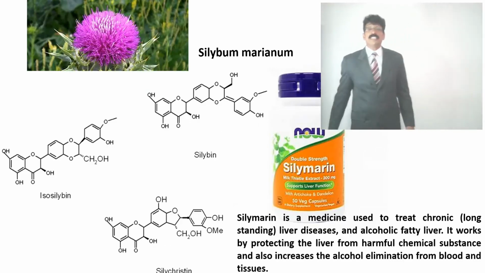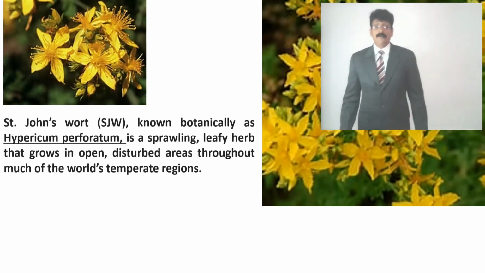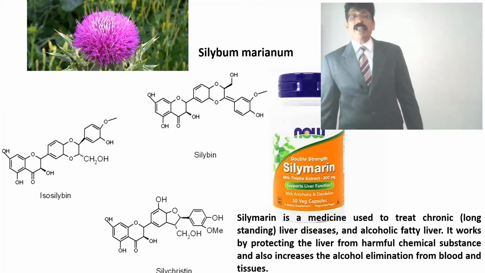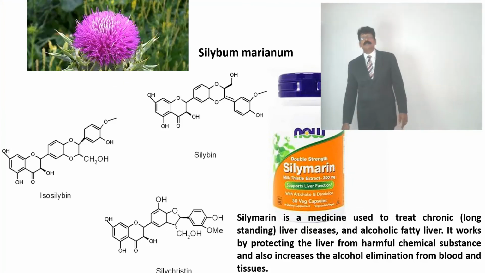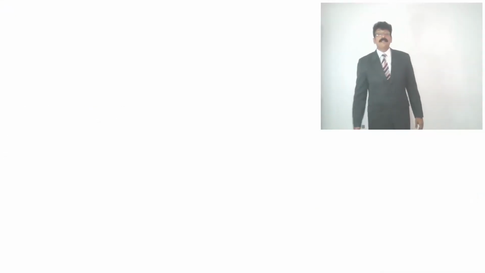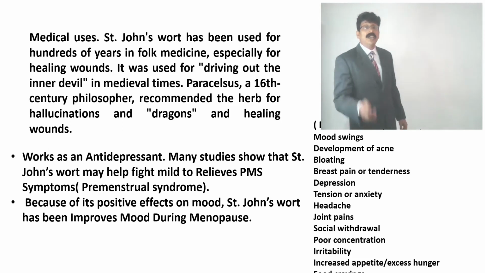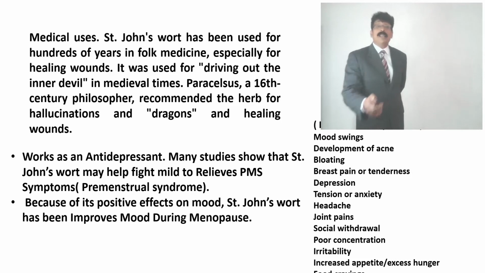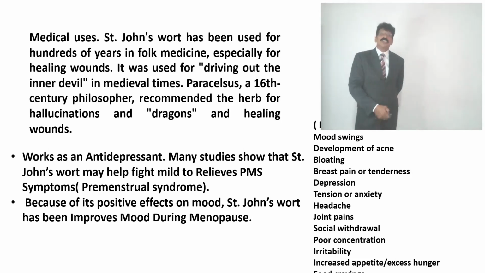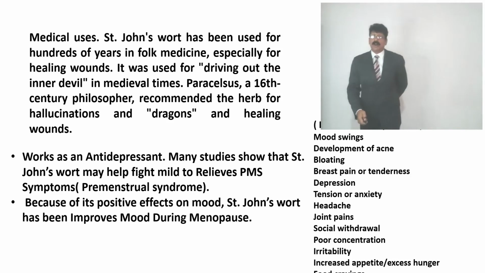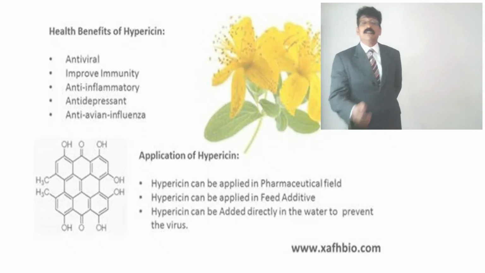We also saw Silymarin. Silymarin is effective for alcoholism, and liver damage can be treated with it. We then came across the importance of St. John's wort: how it is important in the treatment of premenstrual syndrome, PMS, in women, and it can also help with menopause.